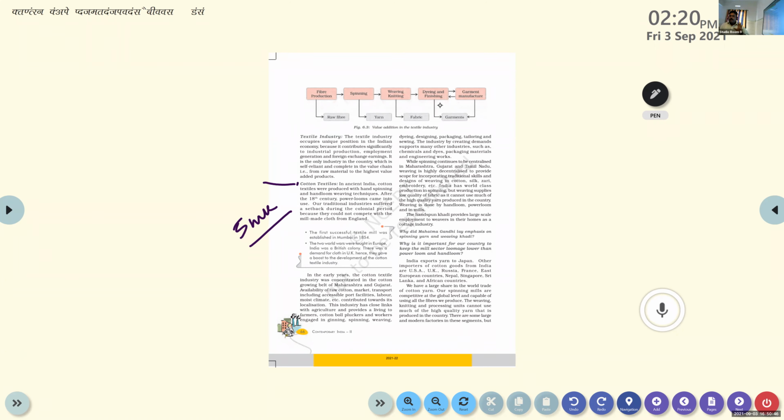Indians used the hand spinning method to produce the yarn, and handlooms to convert the yarn into fabric.